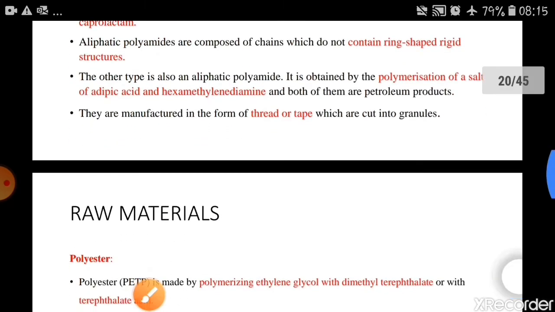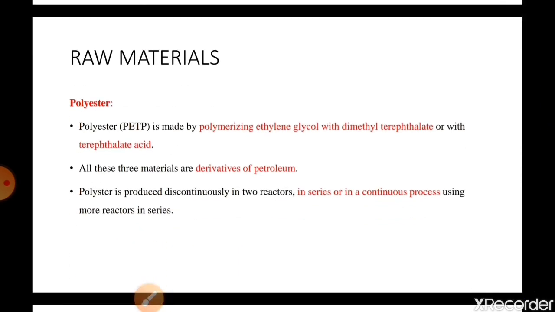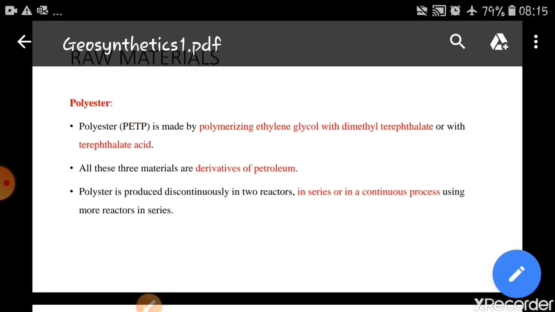The second raw material is called polyester. Polyester, also called PETP, is made by polymerizing ethylene glycol with dimethyl terephthalate or with terephthalic acid.